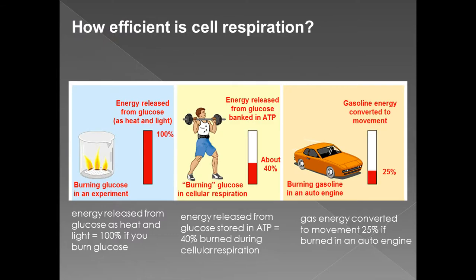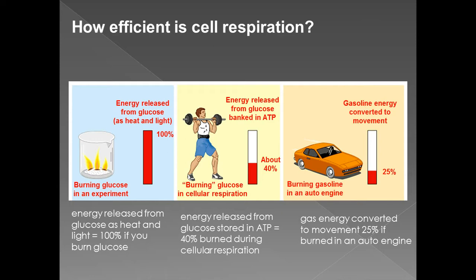How efficient is cellular respiration? Well, if you look at just simply burning glucose, 100% of the energy from glucose is released as heat and light. If you look at the energy released from glucose when you are burning it, in quotes, during cellular respiration, you get about 40% of its energy.